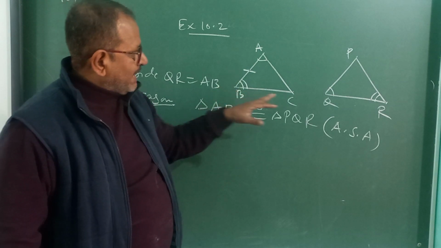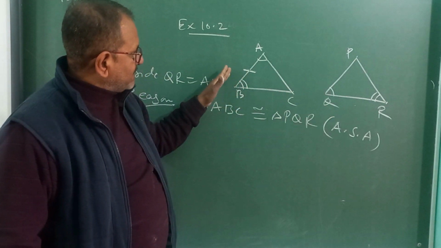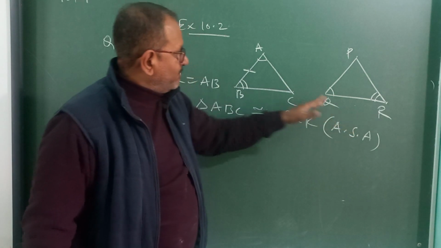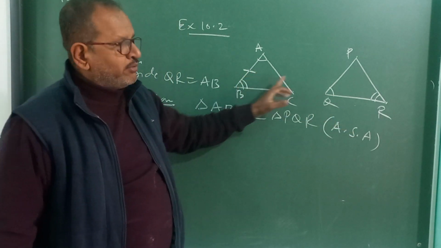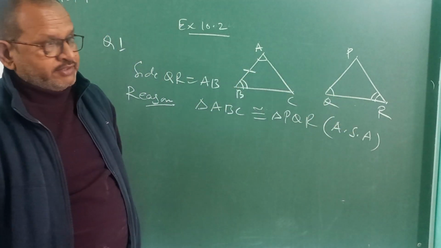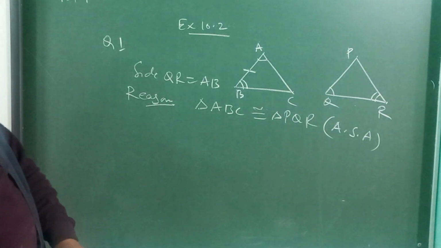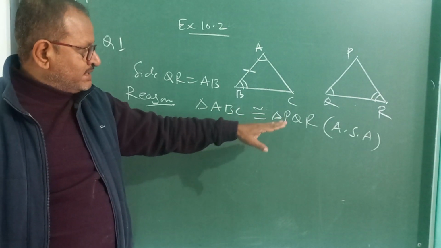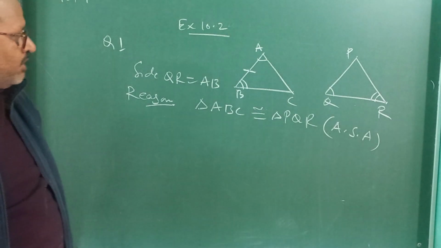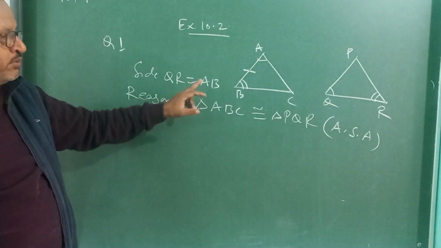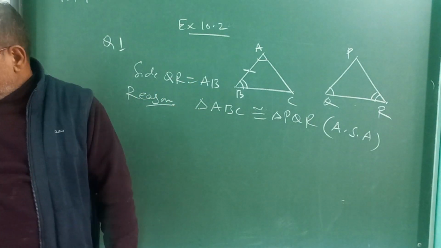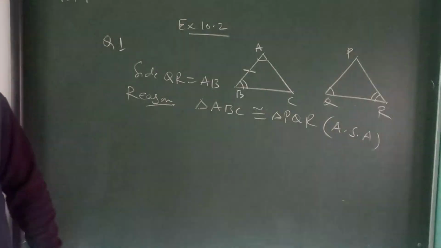So QR will be equal to the side AB, then both the triangles will be congruent. Reason, because by ASA both the triangles will be congruent. So QR is equal to AB. So it is the first question.